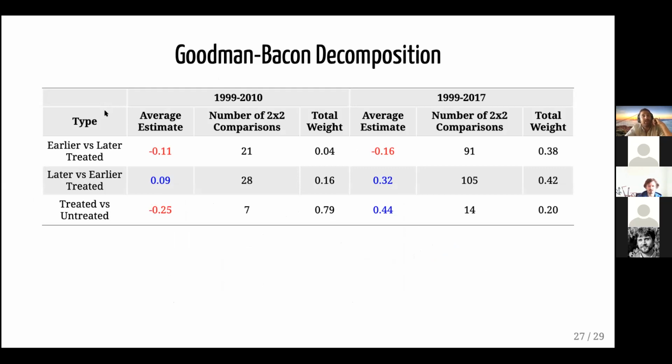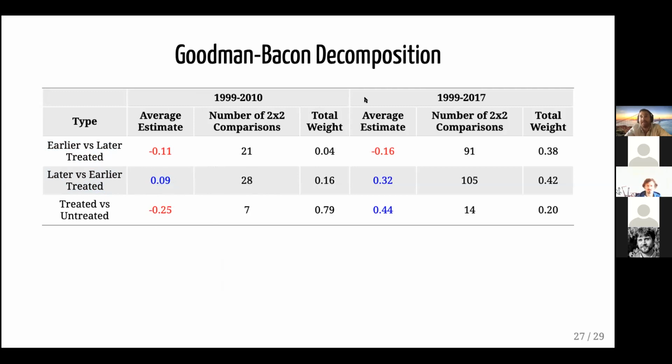And again, what you can do with this Goodman-Bacon decomposition is see what's driving the result when you run those binary indicator regressions. If you remember, the earlier versus later treated comparisons are good, these ones are bad, these ones are good. Previously they found a negative effect in the good sample, and it was positive for the troubling sample.